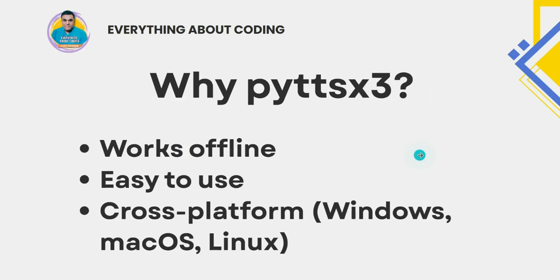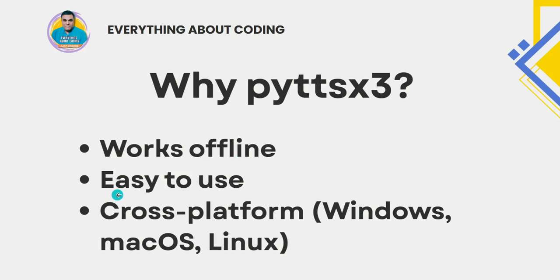Why use this package? Because it works offline, which means we do not need to be connected to the internet. Since we are not going to use any AI model, obviously we are not going to use any API service. This is just a simple package provided by Python, and it's completely offline.